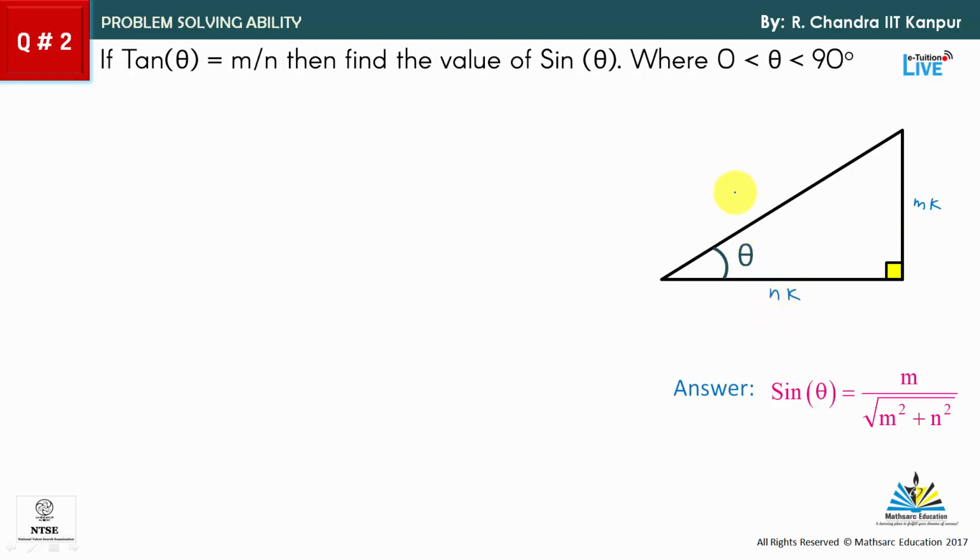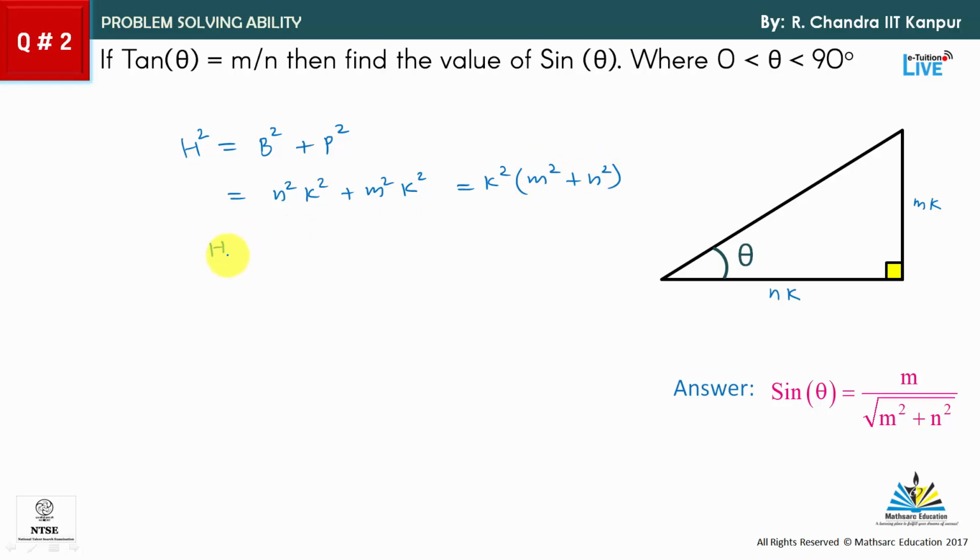So what must be the hypotenuse? We know hypotenuse square is equal to base square plus perpendicular square. And what is the base? n square k square plus m square k square. So you can take k square as common, it becomes m square plus n square.